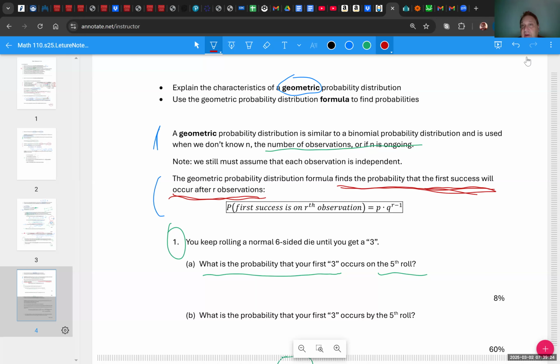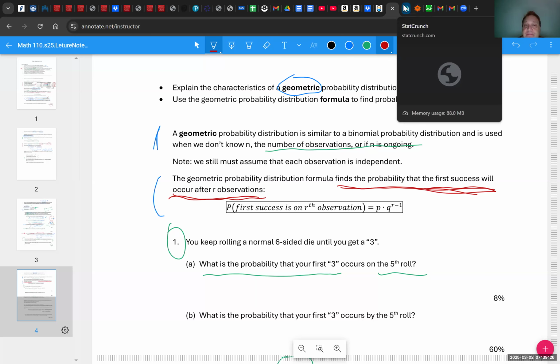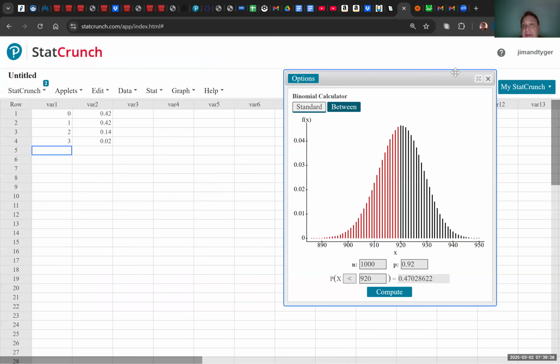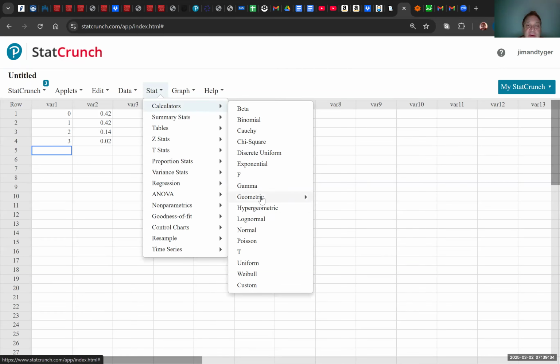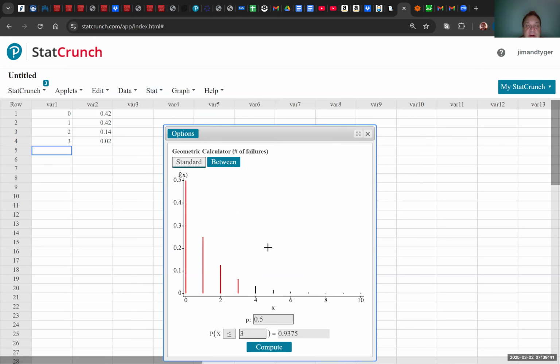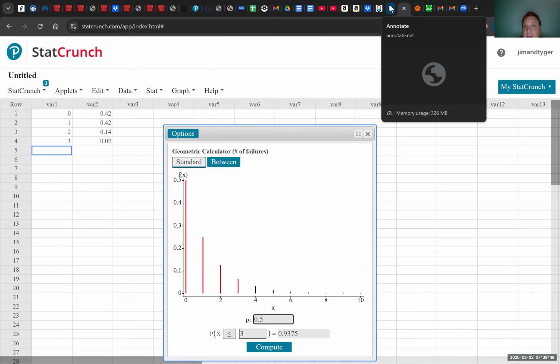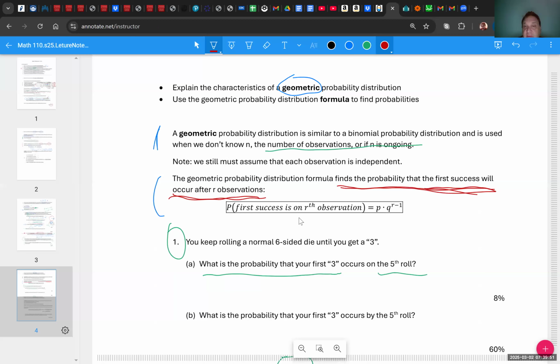So I'm going to go to StatCrunch, and I'm going to go to my calculators. So this is a geometric probability distribution. I'm going to look at geometric. There it is, geometric probability distribution. We'll do the number of failures, I guess, with this one here. So our probability of success, well, we're rolling a die, and we're trying to get a 3.